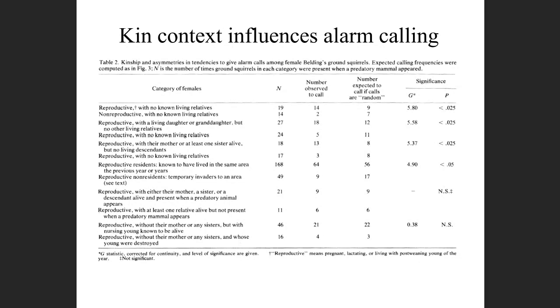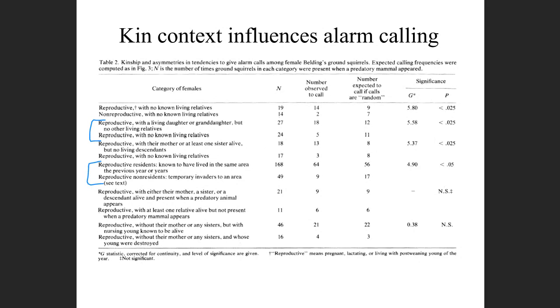So what you're doing in each of these cases is comparing within these pairs. The number observed to call is much greater if there's a living daughter or granddaughter in the group than if there isn't.